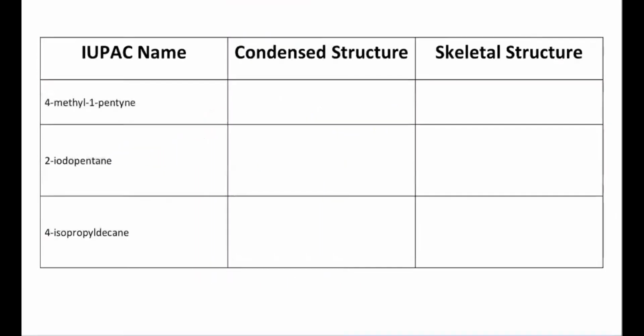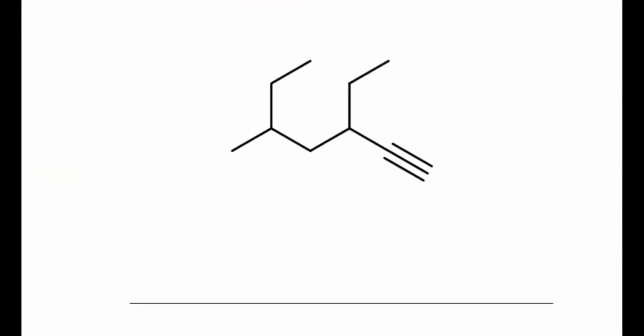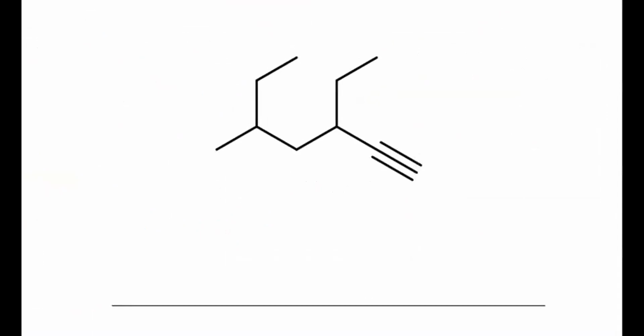Let's try one more, right? I'm gonna write in the carbons. Understand that an alkyne is a linear molecule. That's why you see the bond that looks so long.